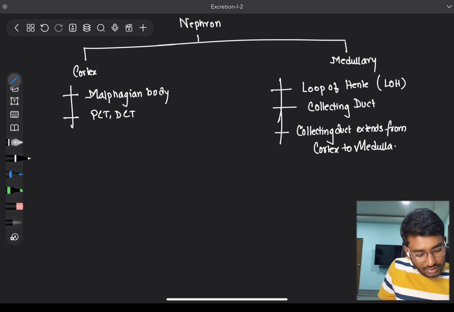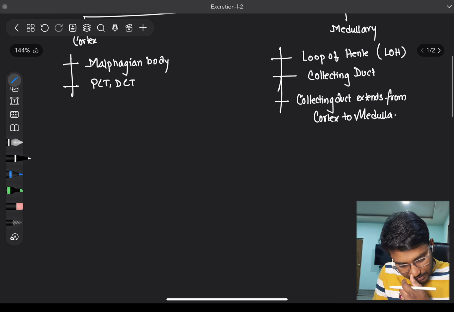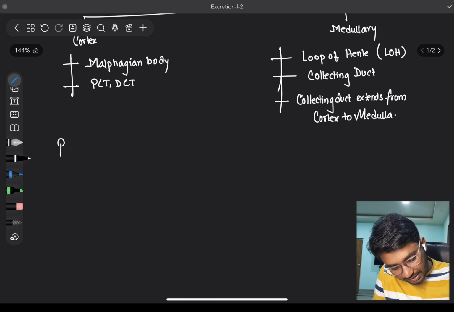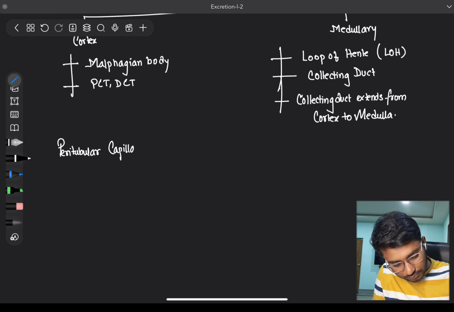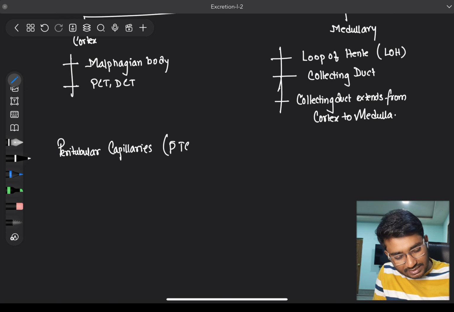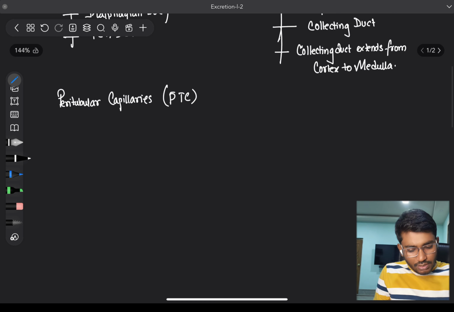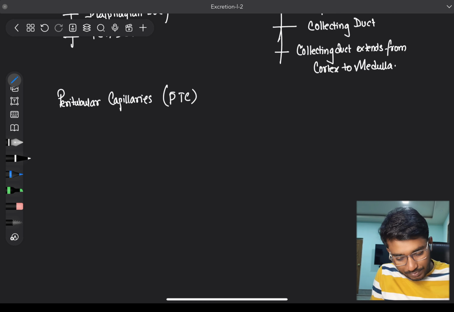Okay, now we come to the next topic, the peritubular capillaries. In short, we can say it as PTC. So, what are the peritubular capillaries?